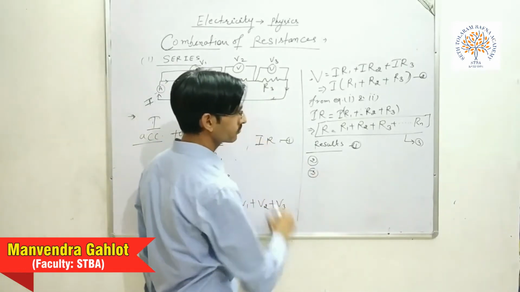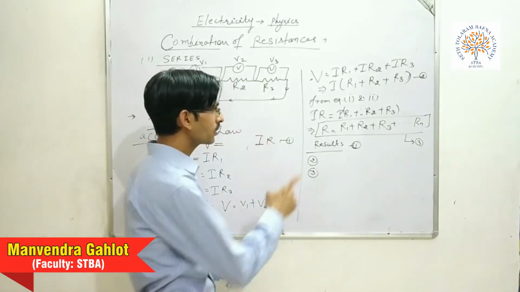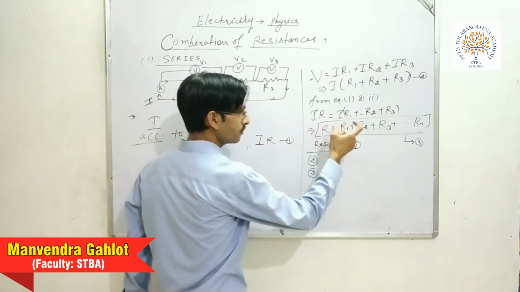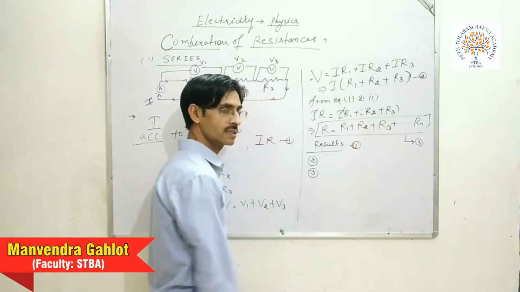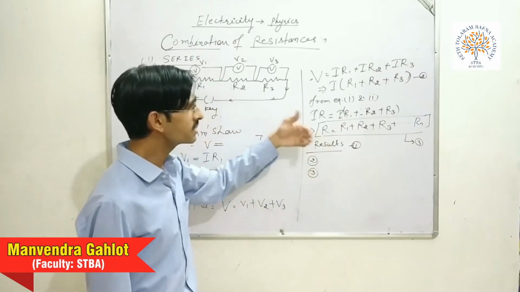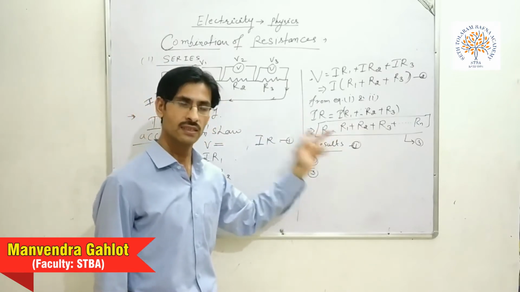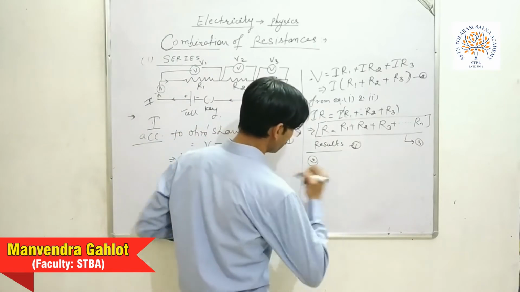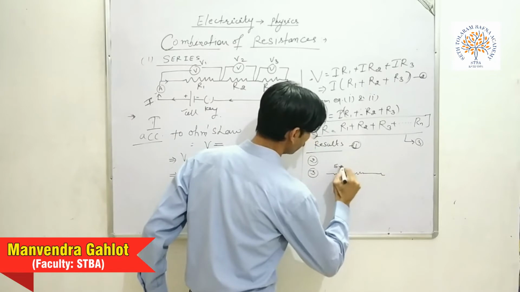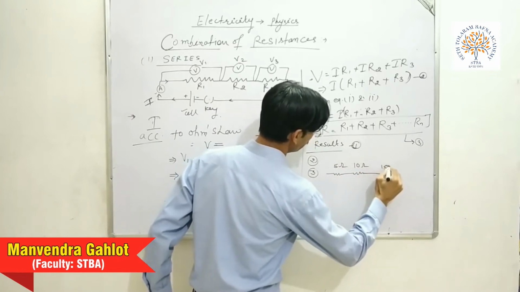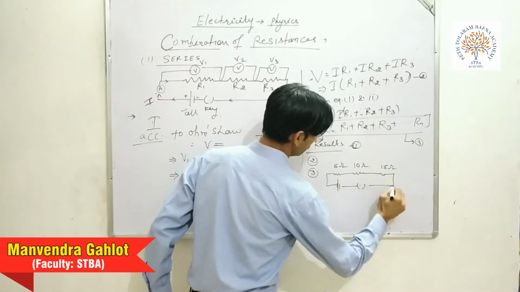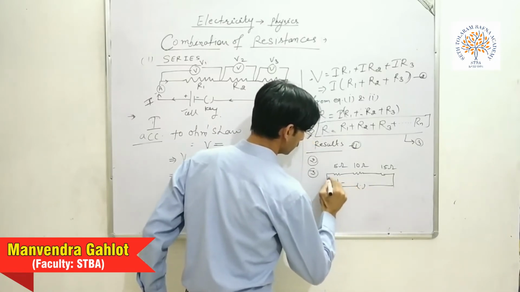Third, the value of equivalent resistance is always greater than the maximum individual resistor. The maximum individual resistor is less than the equivalent resistance. How? We take one example. Suppose there are 3 resistors, 5 ohm, 10 ohm and 15 ohm, connected in series.